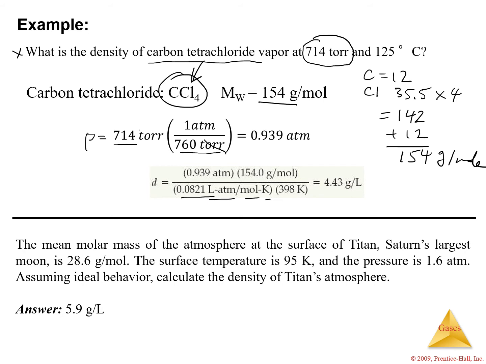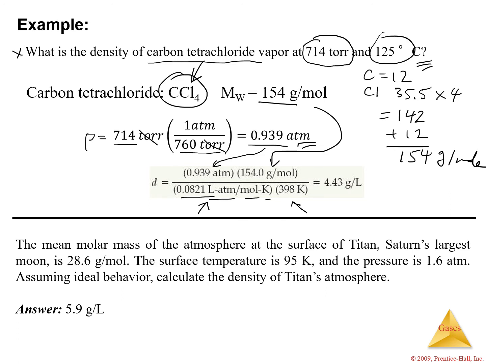So torr cancels nicely, and numerically on a calculator this is 0.939 atmospheres. The next step is to plug it into the formula: pressure, molecular weight, R value, and of course the temperature.